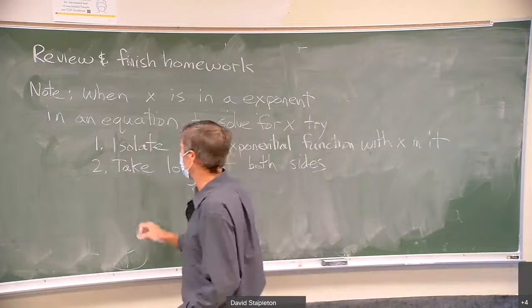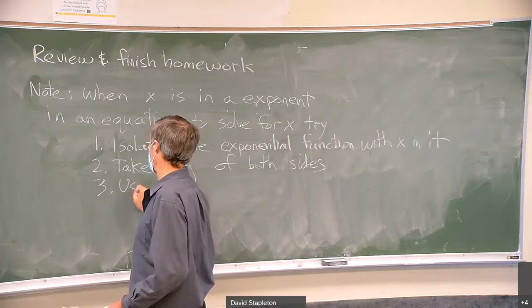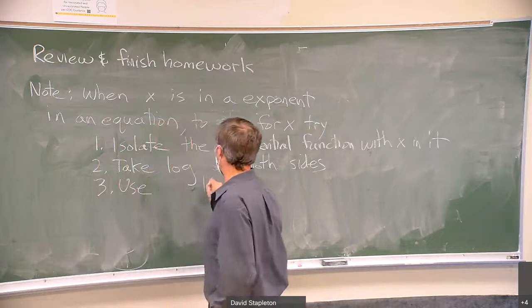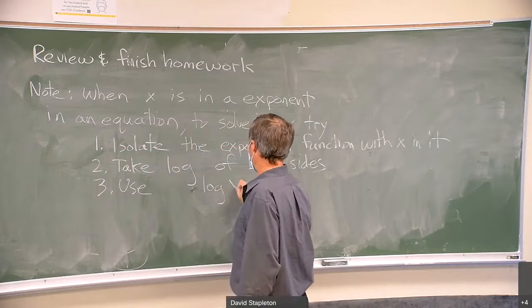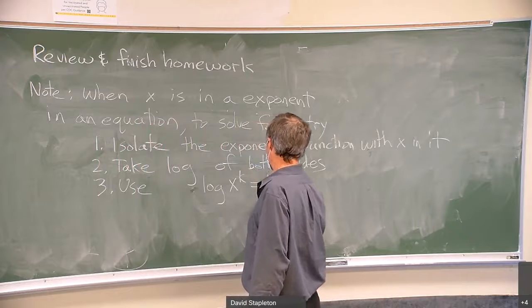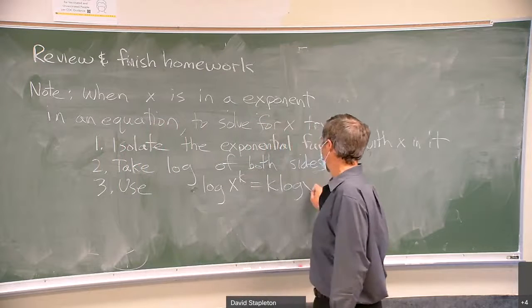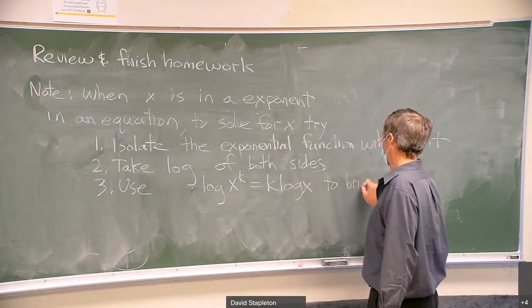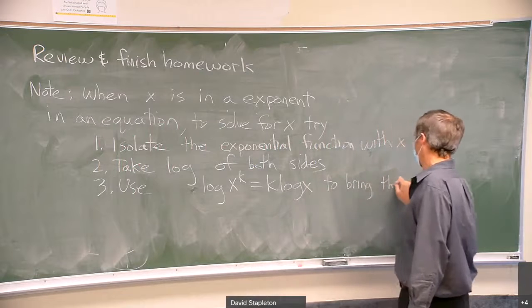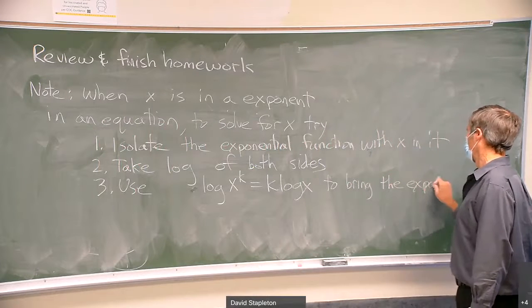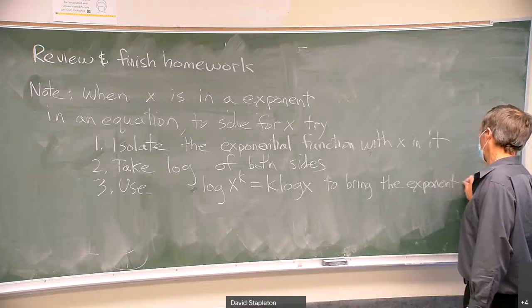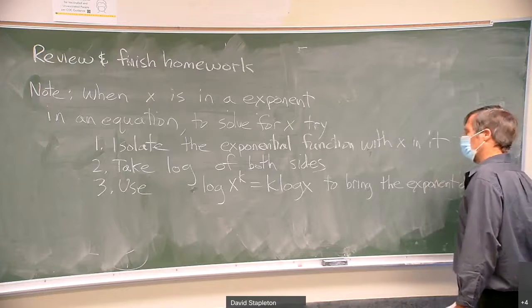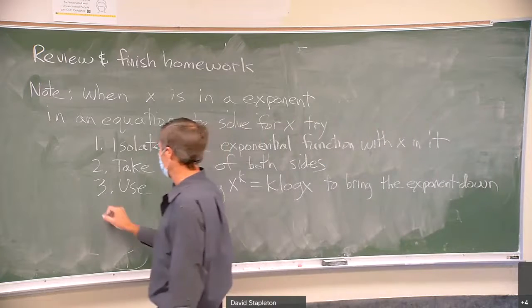Use your property that log of x to the k is k log x to get the exponent down. Now that it's out of the exponent, solve by your old techniques, old algebra techniques.